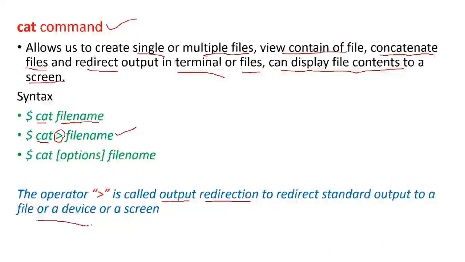So where do you want to send that output? You want to send that output to a file, a device or a screen. For that purpose we use this standard output redirection operator. You can use the cat command with various options also, and the file name. So let us see the examples.